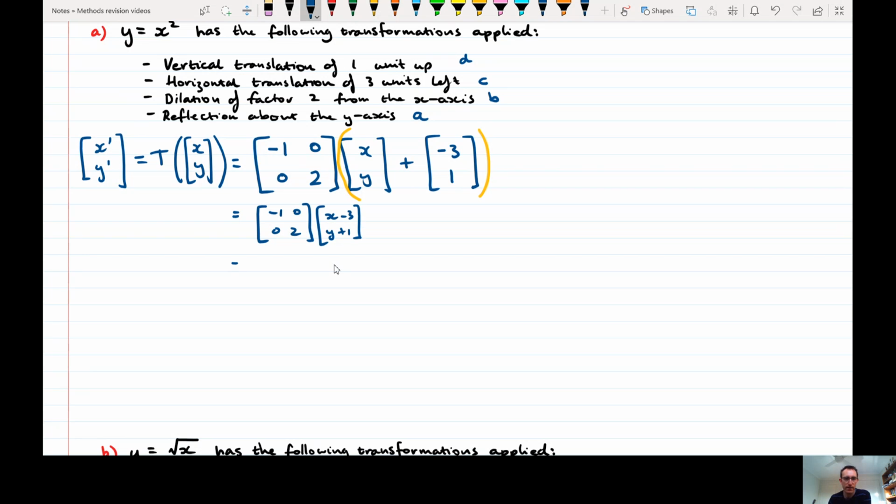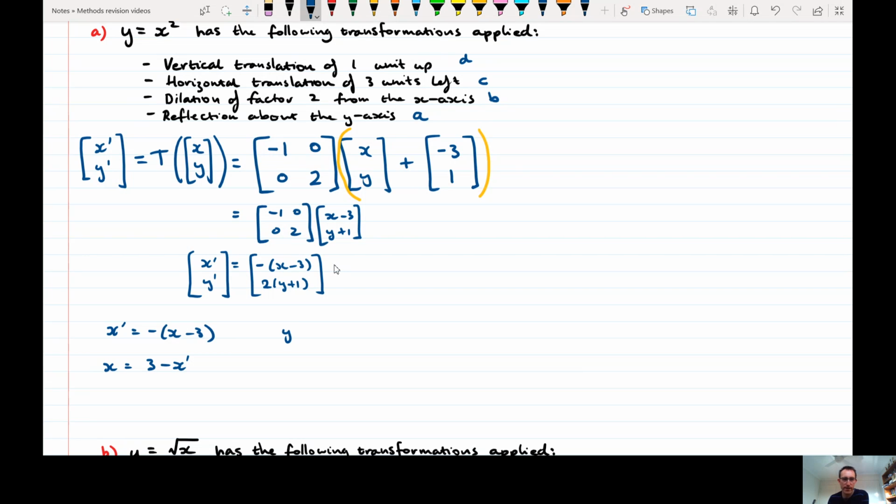Then we expand this pair of matrices out: negative (x minus 3) and 2 bracket (y plus 1) equals x dash, y dash. At this point, you can say x dash equals negative (x take 3). Transposing that to get x by itself, you divide by -1, so you have a -1 over here and that disappears, and then you add the 3 across.